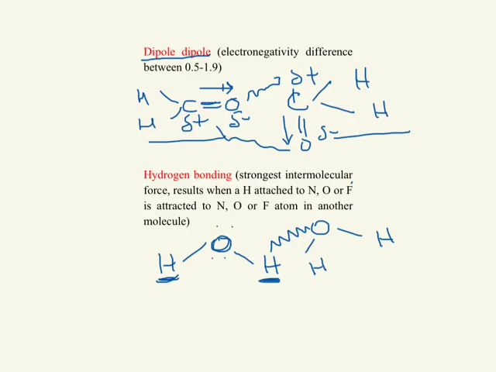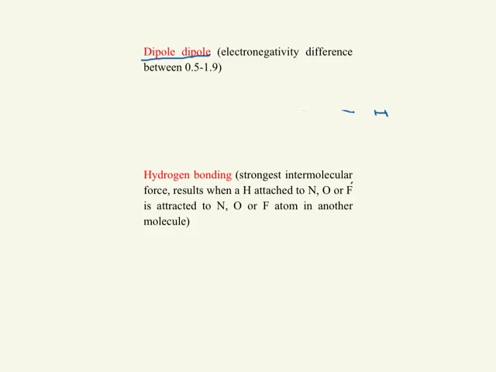For example, let's say I give you the formulas of two compounds. One is HCl, another one is HF, and the question is, out of these two compounds, which one has stronger intermolecular forces present, and also which one has the higher boiling point.